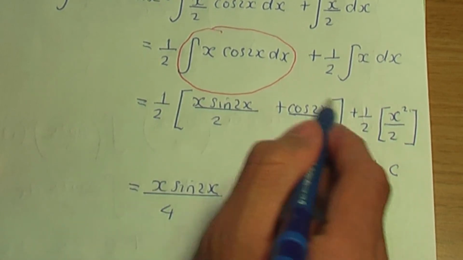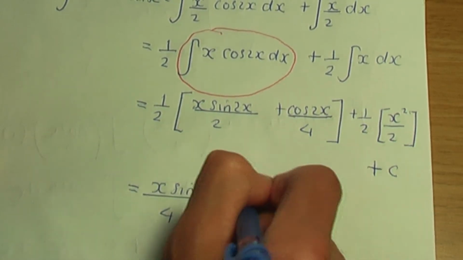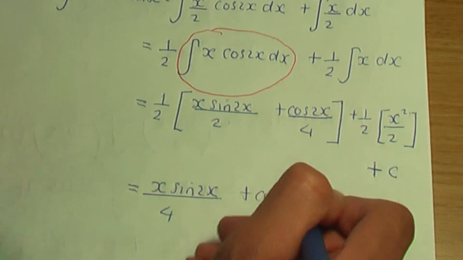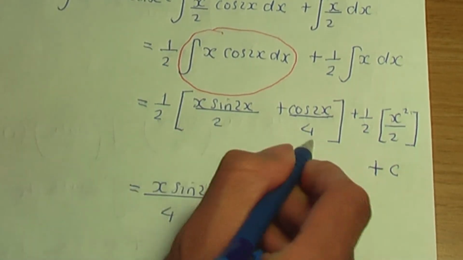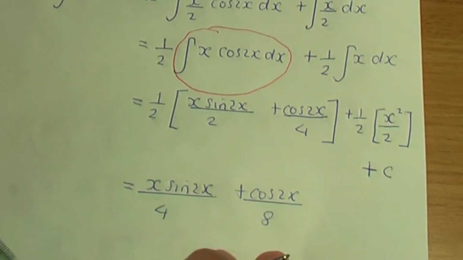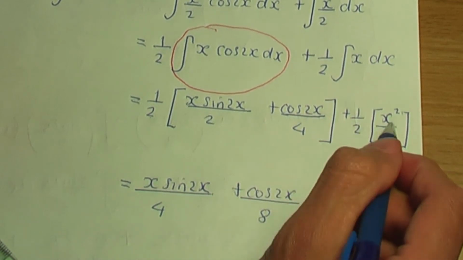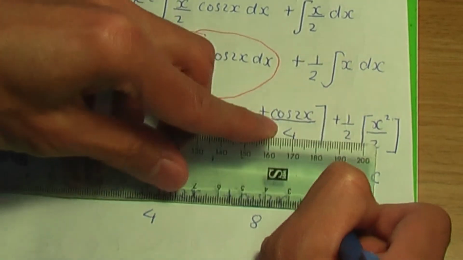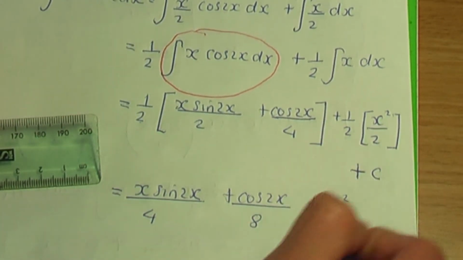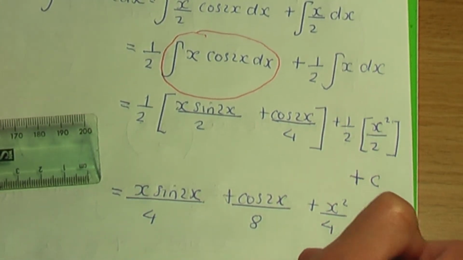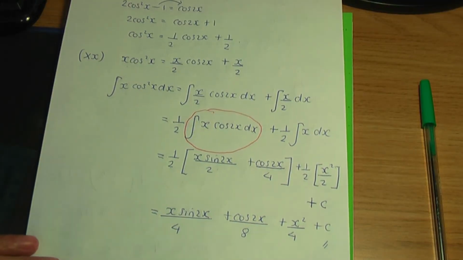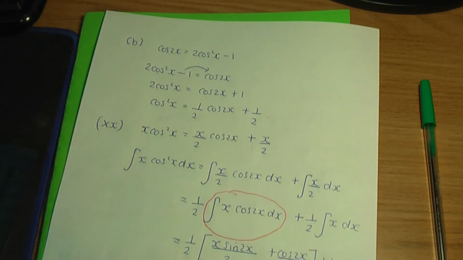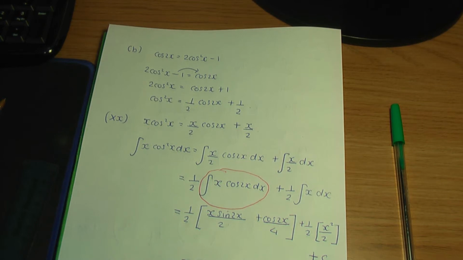Half times cos 2x over 4 is plus cos 2x divided by 2 times 4, being 8. And half times x squared over 2 is plus x squared over 2 times 2, which is 4, plus c. So this should be the solution to part B. That solves part B, and that also completes the solution to the whole question.